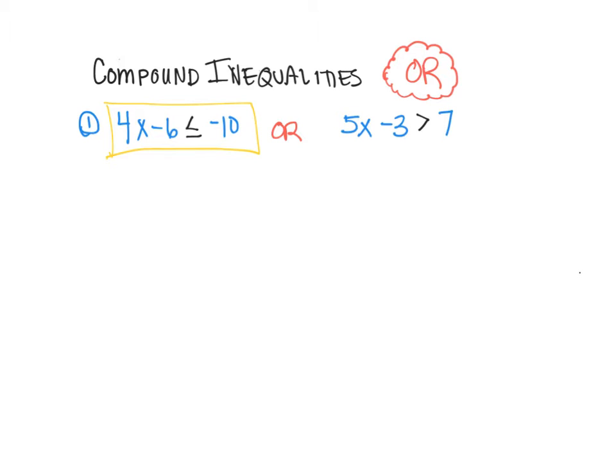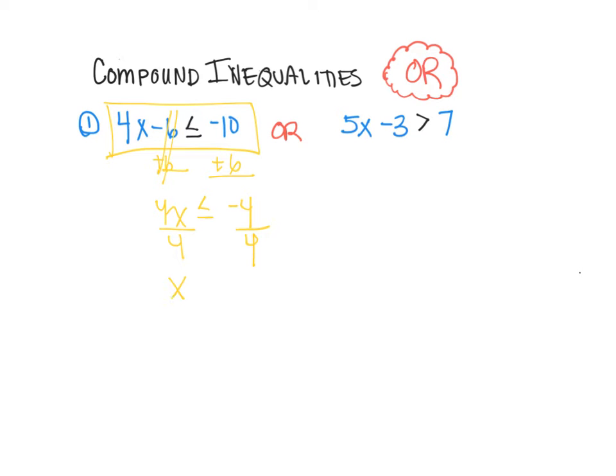I want to move the minus 6, so the inverse is to add 6. What I do to one side, I must do to the other side. And then I see 4 times x, and so the inverse is to divide by 4.